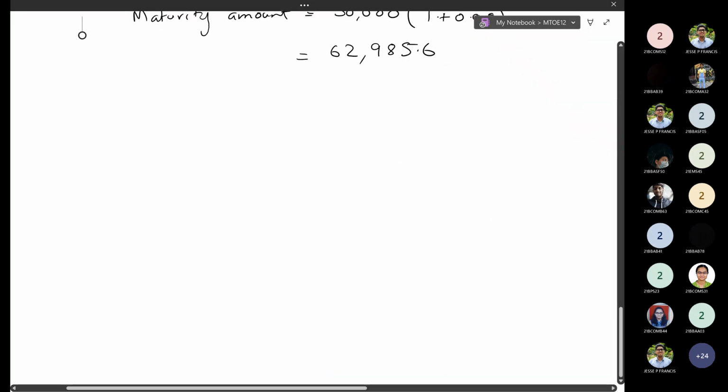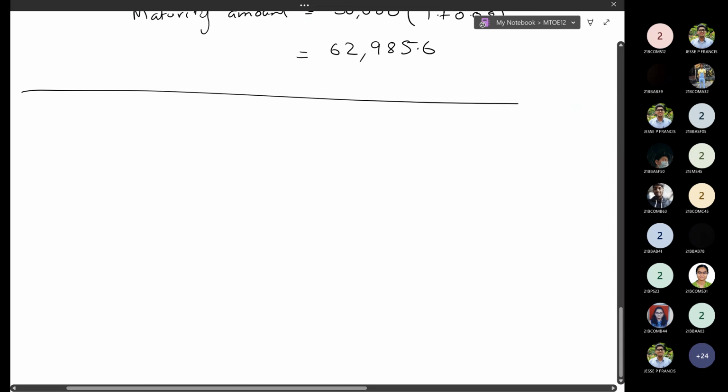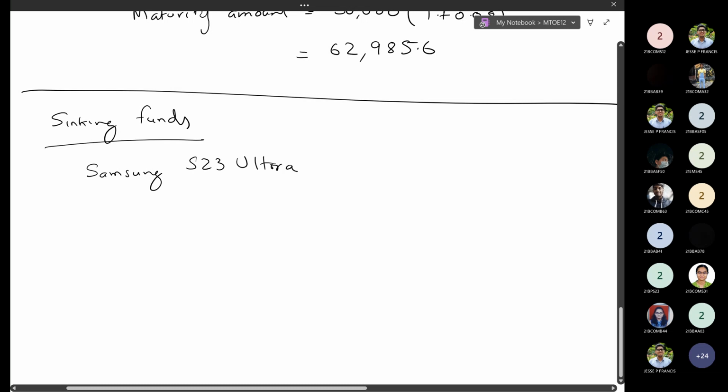Okay. Now, sinking funds. Samsung S23 Ultra is our aim, which is priced around, I think, rupees 1,50,000. Let's approximate it at that. 1,50,000.